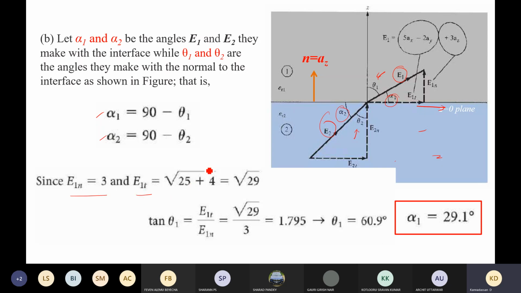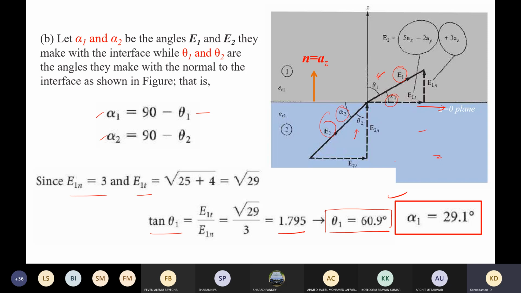When you take the ratio, you will get the tangential over normal. And by the way, you can easily calculate the tan of that. The tan is nothing but the tangential component divided by the normal component magnitudes. With these two magnitudes, you will get the value here. So you got tan theta. So by the way, the theta 1 value you can easily calculate. Since the theta value is known, when you substitute it in equation 1, you will get the alpha value.